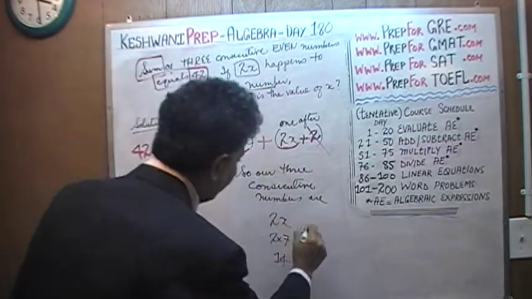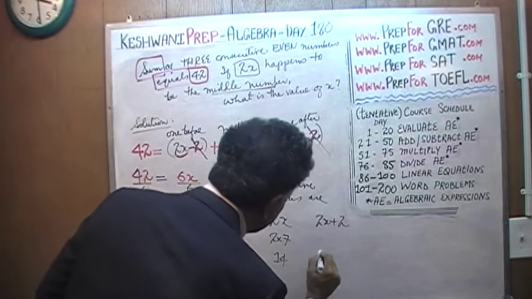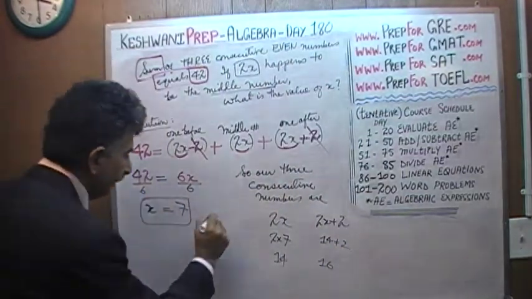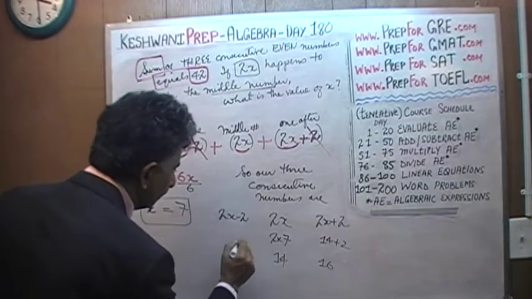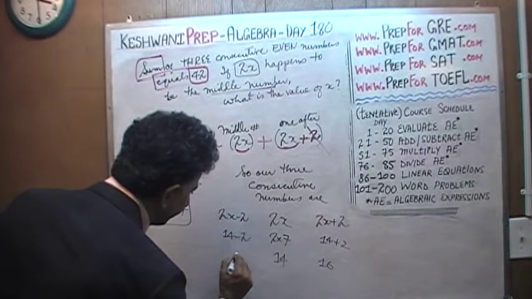The one after that is 2x plus 2, which is going to be 16, 14 plus 2, and the one before that is 2x minus 2, which is 14 minus 2, which is going to be 12.